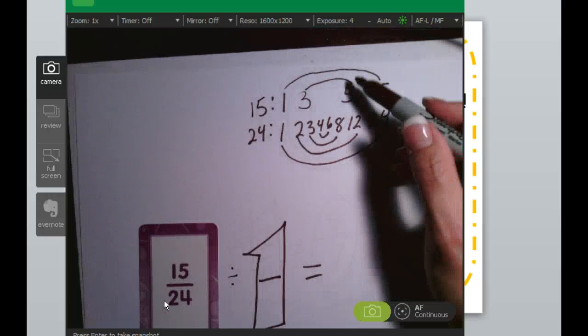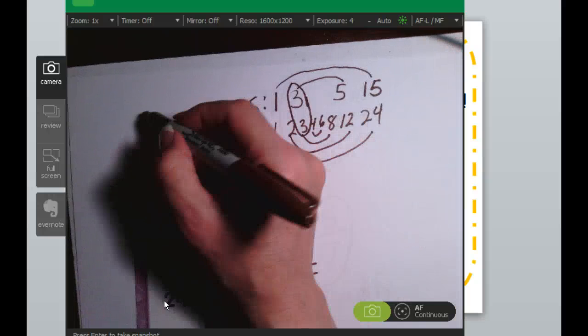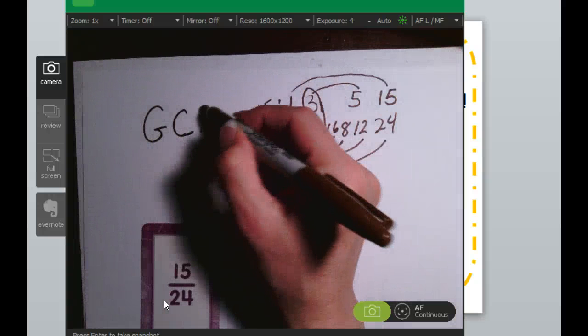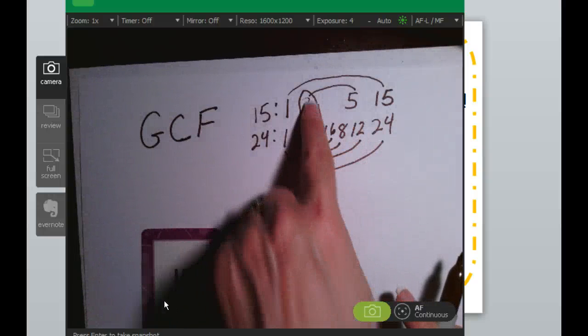So if I look at both of these, the greatest common factor, or GCF, there's nothing greater, is 3.